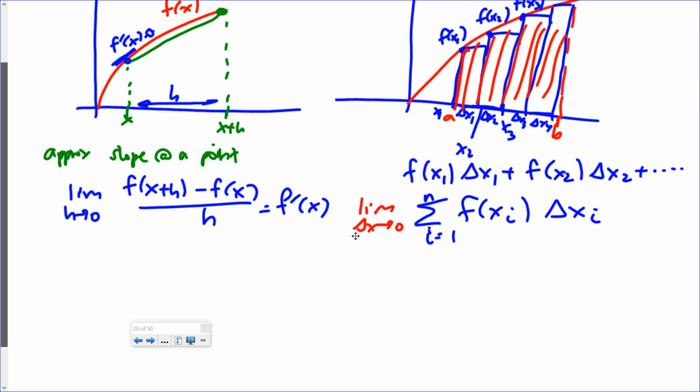Sometimes you see delta x approach 0, sometimes you see n goes to infinity. Either one would be fine. And this would be equal to the exact area under the curve, which turns out to be the integral of f of x dx, from a to b, because you have to give it some limits.